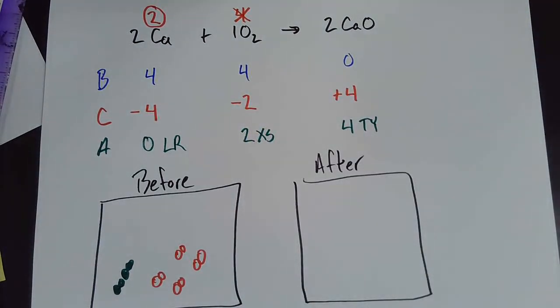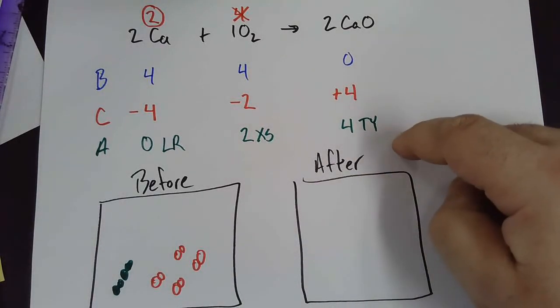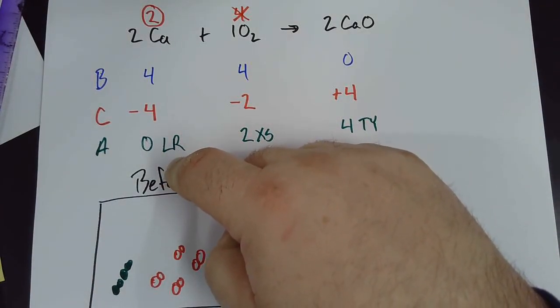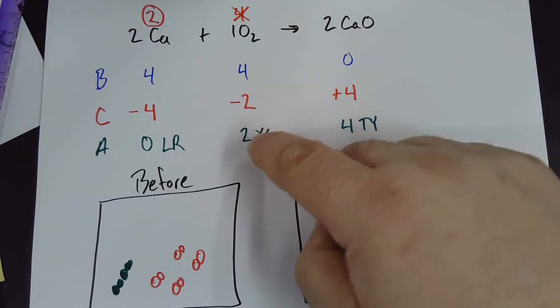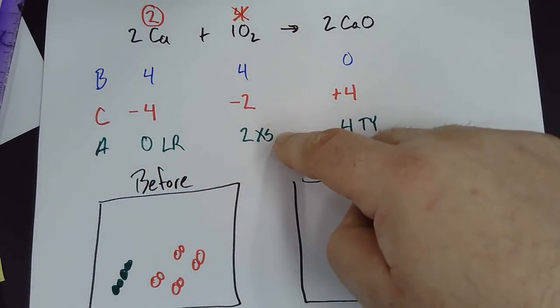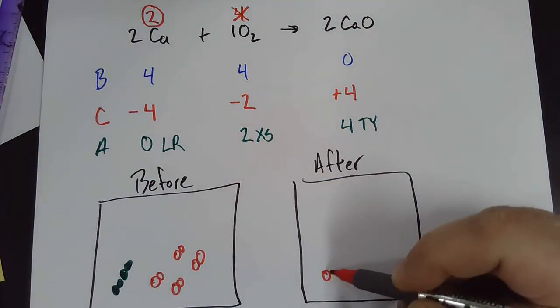What about the after? What am I going to draw in the after box? I'm going to draw the A line in here, right? So how many calciums am I going to draw? 0. Because that's when we ran out. How many oxygens am I going to draw? 2. So I'm going to draw 2 of these molecules of O2.